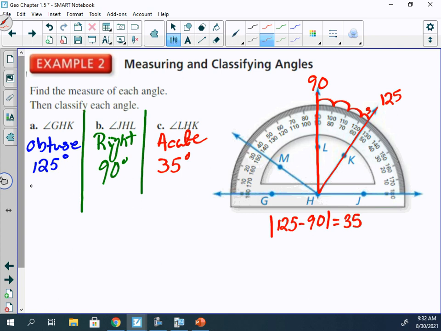So we don't just have to use the 125 minus 90 or use the 90 minus 125. We don't have to use those, but we can also count. We can use one or the other, and it'd give us the same answer. Any questions on this here? Okay.